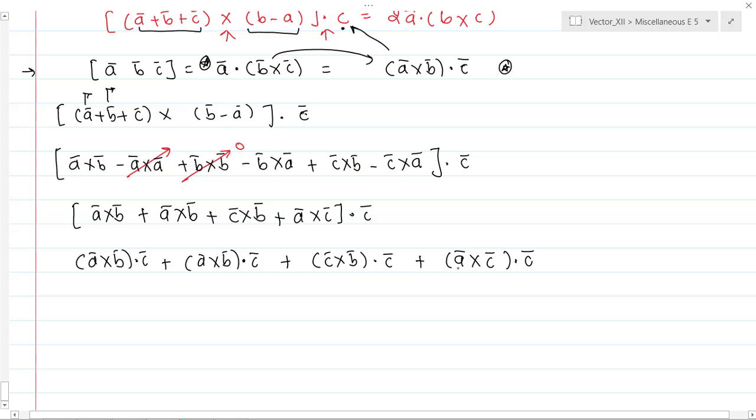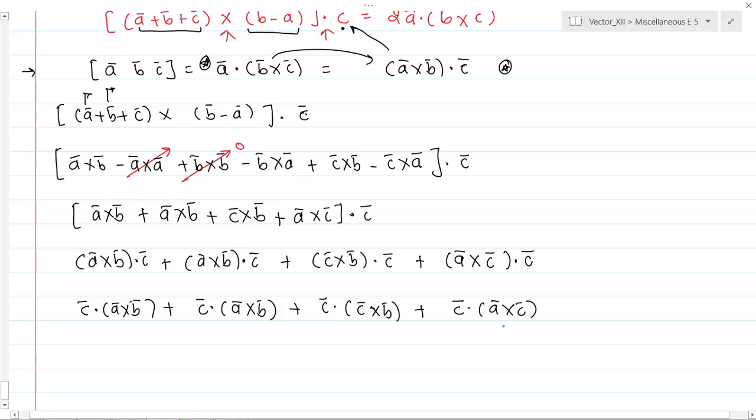Okay, what is this? This is nothing but the dot product, and you know that the dot product is commutative, so I can rearrange this. So this becomes c bar dot a bar cross b bar plus c bar dot a bar cross b bar plus c bar dot c bar cross b bar plus c bar dot a bar cross c bar.